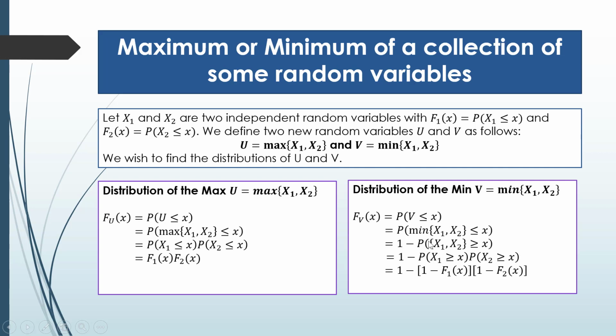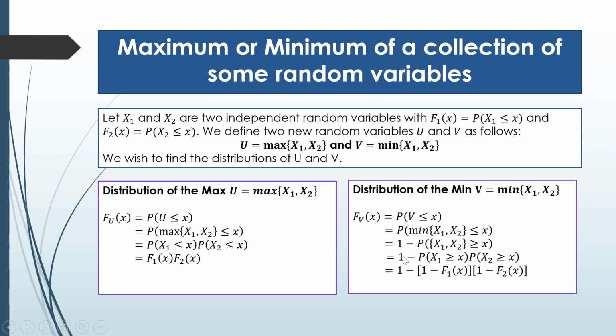And to ensure that the minimum of x1 and x2 is greater than x, both x1 and x2 should be greater than x. And we can use products here because x1 and x2 are independent.